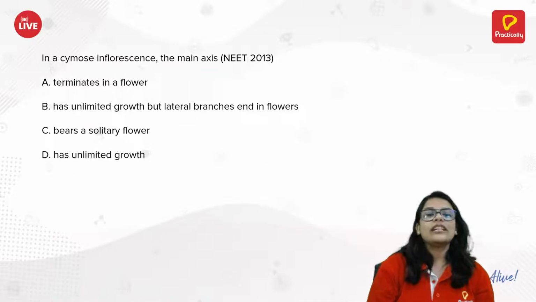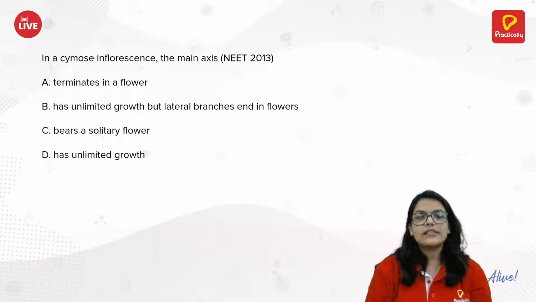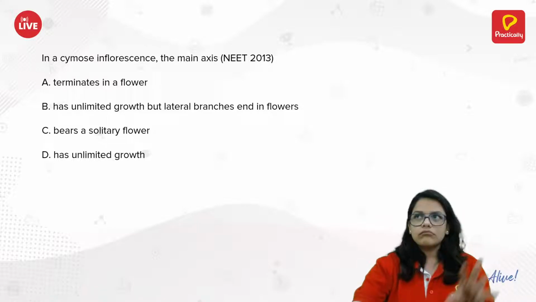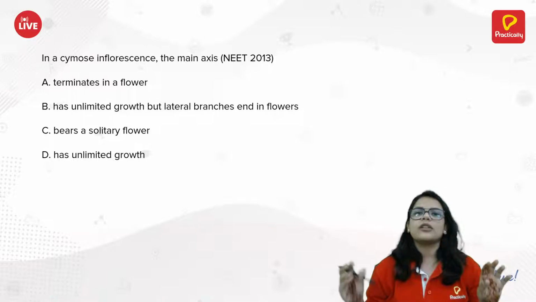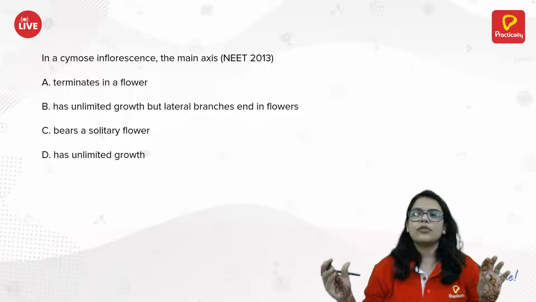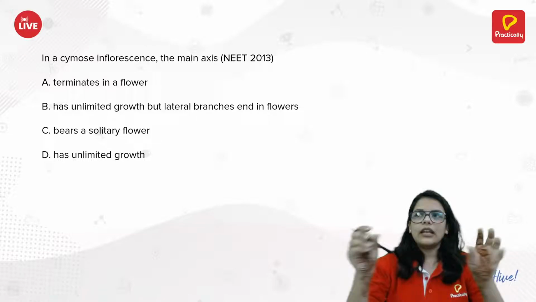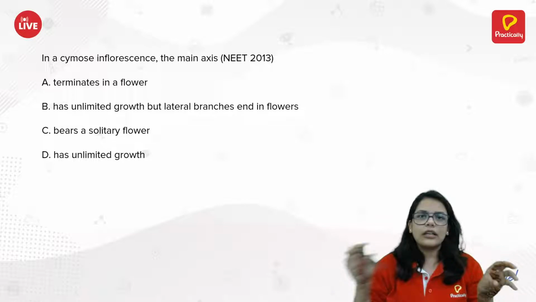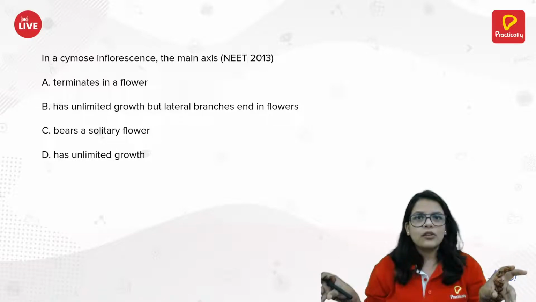Okay, so in a cymose inflorescence, the main axis terminates in a flower, has limited growth, but lateral branches end in flowers, whereas a solitary flower has unlimited growth. Cymose inflorescence basically means it's a very simple inflorescence where the flowers will be at the end of the branch.